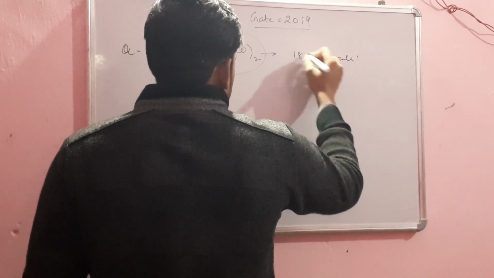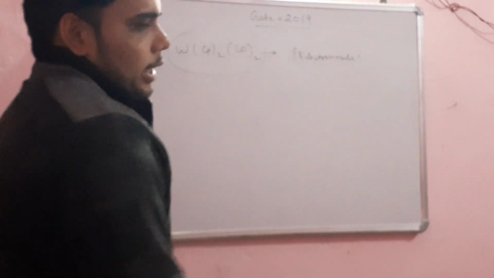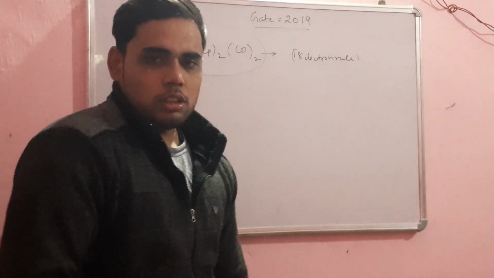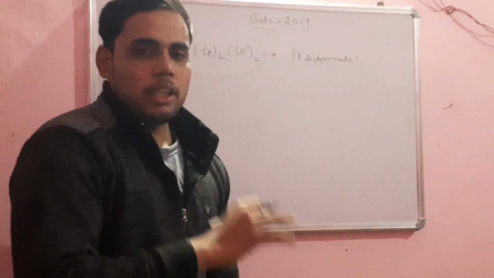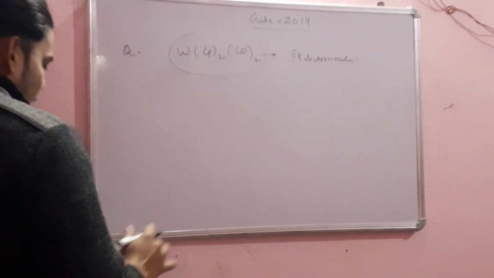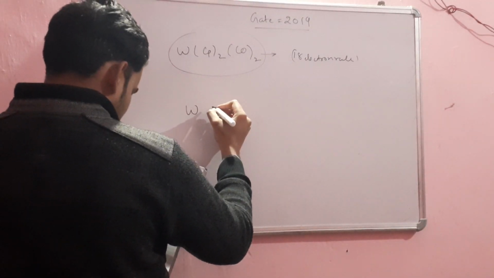What it says is that all these ligands and the metal have valence electrons, or you can say a number of electrons, and when we add all these electrons, if it equals 18, then the compound is stable. So we have an option which looks like this.